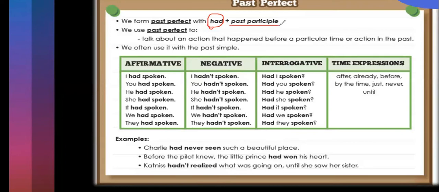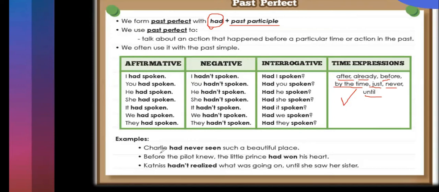Had plus the past participle. If you want to make it negative, hadn't or had not. If you want to make a question, first had and then the pronoun. Easy. If you want to identify it easily, look for these words: after, already, before, by the time, just, never, until. If you see these words, probably the correct answer is going to be in past perfect.